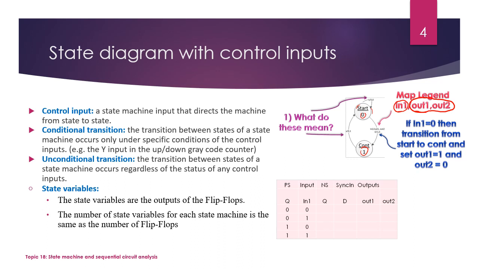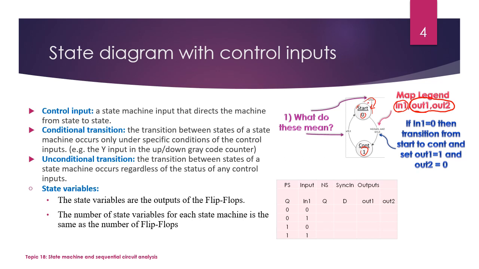So if the control input is 1, you can check this one here because we follow this format. We use the slash sign here. On the left of the slash, we put the input. So when the control input is 1, we can follow this arrow and tell that at this moment, the next state points to itself, which means it won't make a transition in this condition.